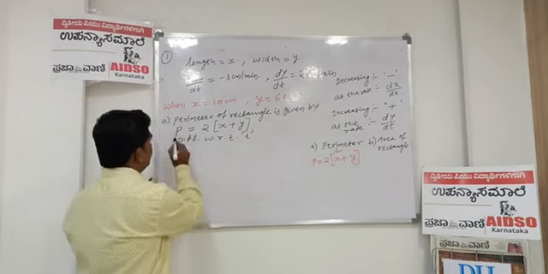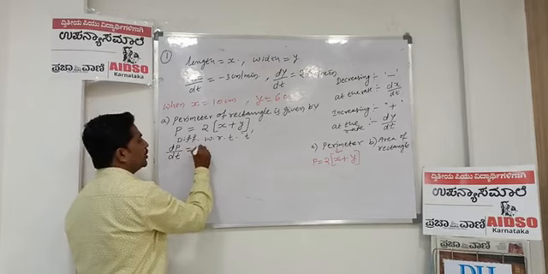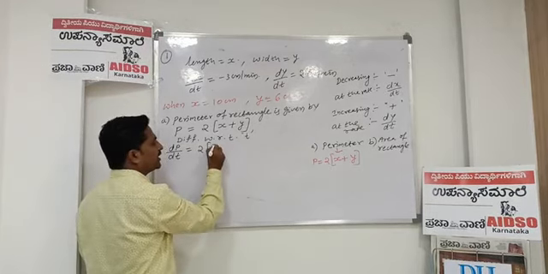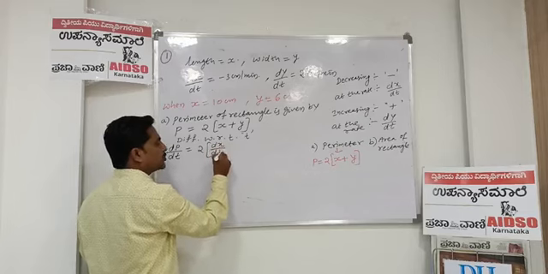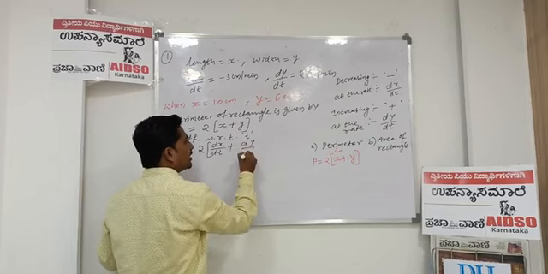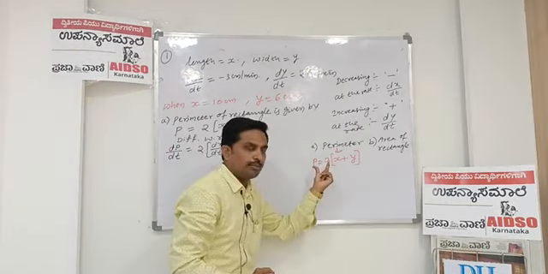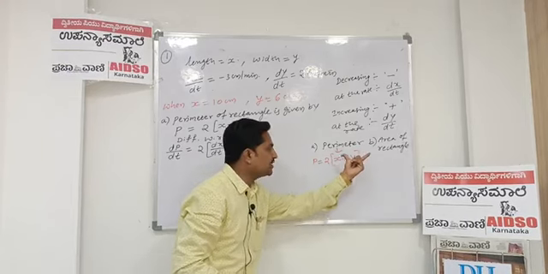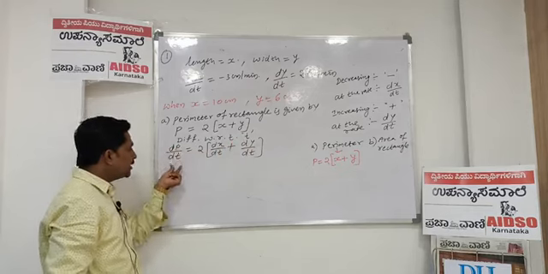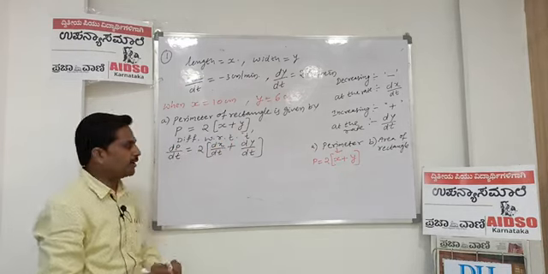So dp by dt is equal to 2 into dx by dt plus dy by dt. Therefore the perimeter of a rectangle is P equals 2 into x plus y, and differentiating with respect to t, dp by dt equals 2 into dx by dt plus dy by dt.